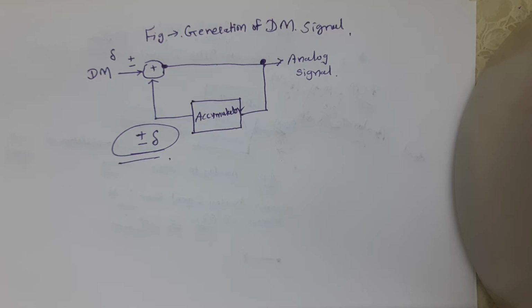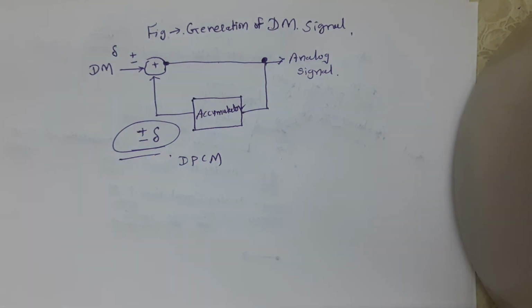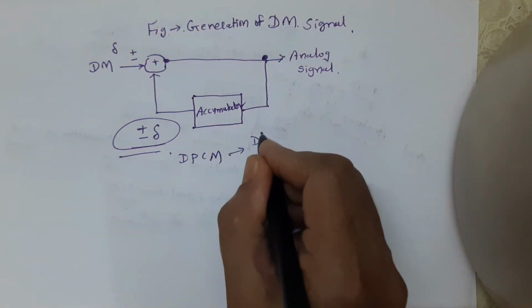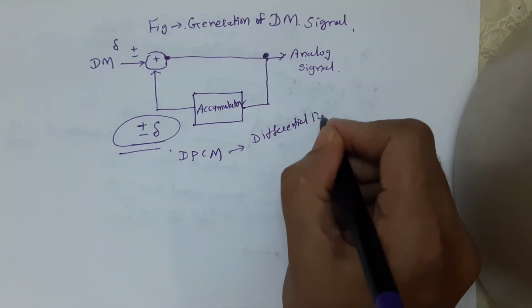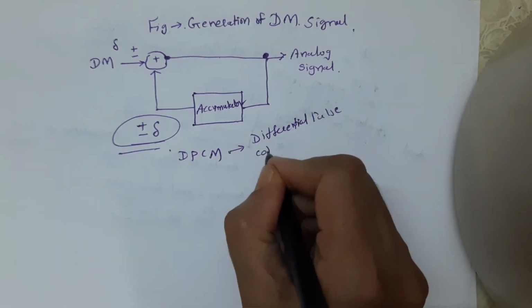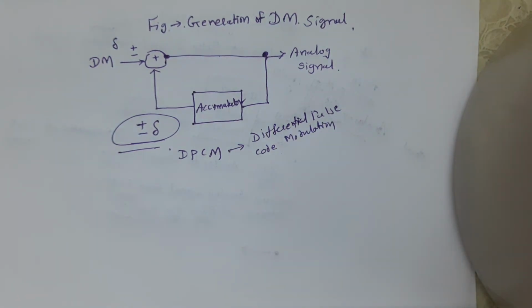The reconstruction of analog signal in case of DPCM. What is this DPCM? DPCM is differential pulse code modulation.